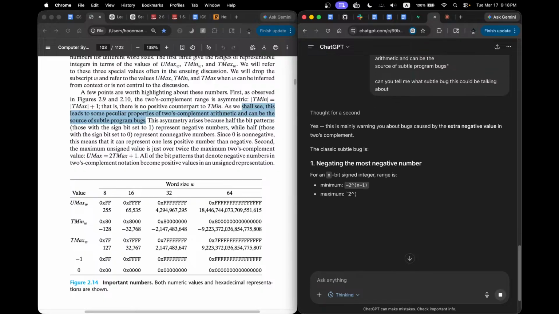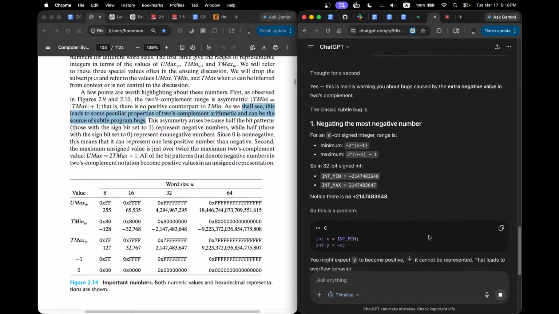It's mainly warning you about bugs caused by the extra negative value, negating the most negative number. For an n-bit signed integer, the range is minimum that, maximum that. So the 32-bit signed int.